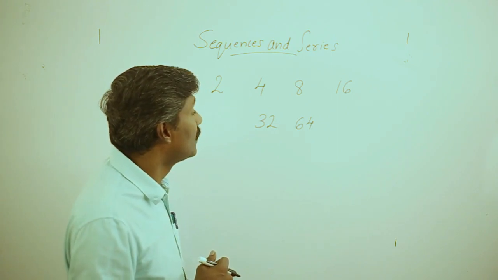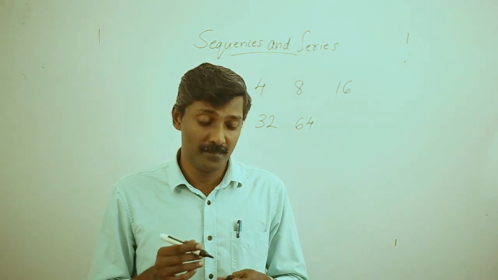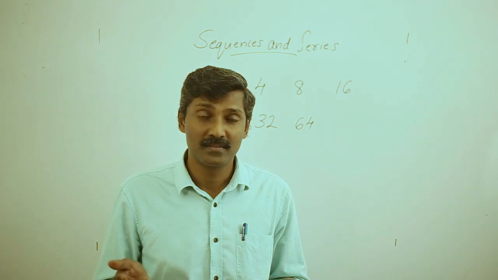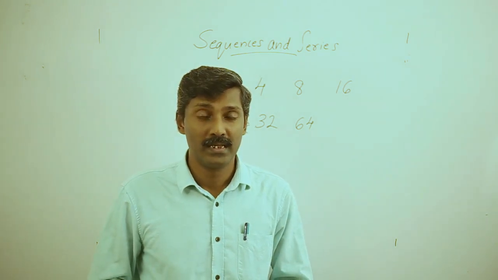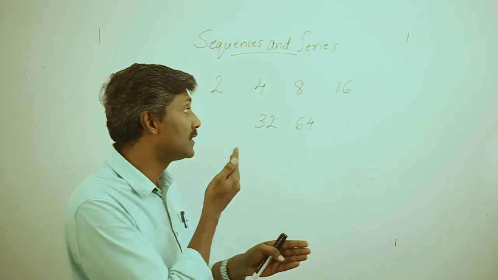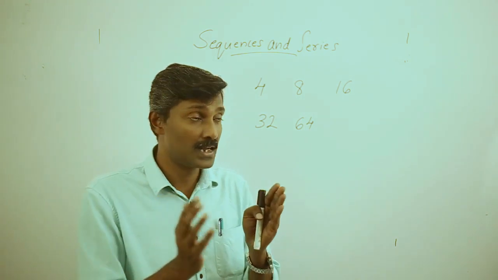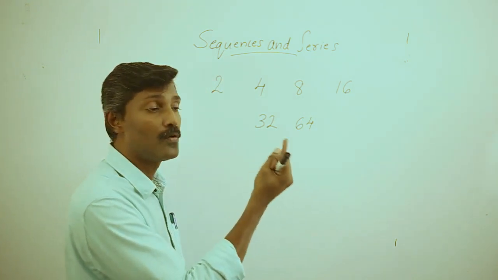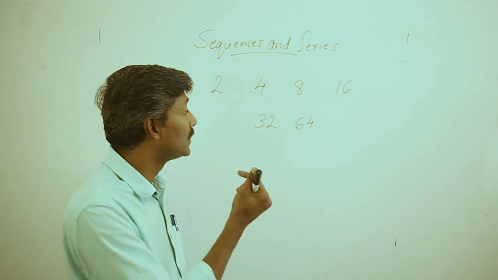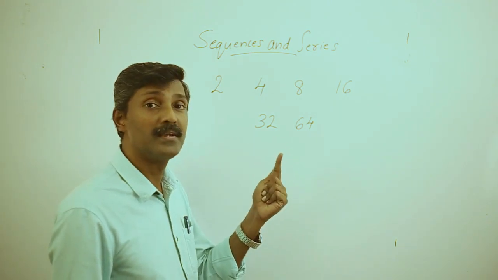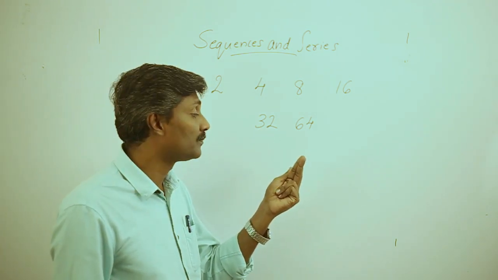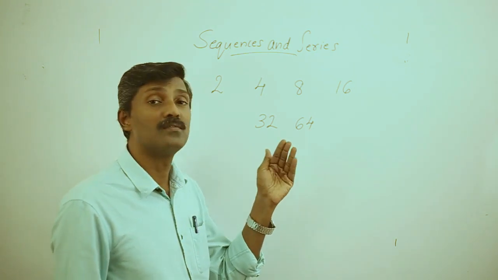Now, the sequence can be either finite or infinite. If a sequence is considered just like in this problem for the 10 generations, it will end: 2, 4, 8, 16, 32, 64, 128, 256, and then 512 and 1024.